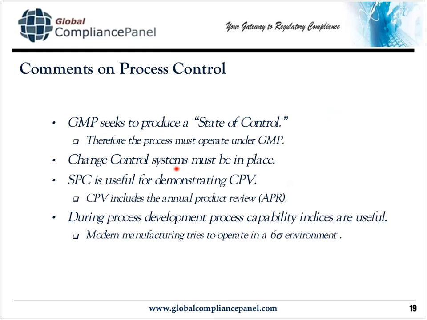You have to have change control systems, you have to have SPC, and continuous process verification. Now remember this, some people try to substitute these things, but the continuous process verification is something you do all through the year, not just once a year as with the annual product review.